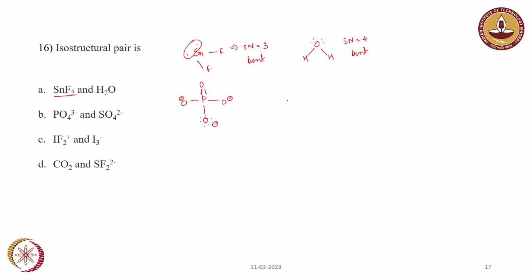Next one is SO4 2 minus. Here the steric number is 4 and the structure is tetrahedral. In SO4 2 minus, sulfur has 6 valence electrons.